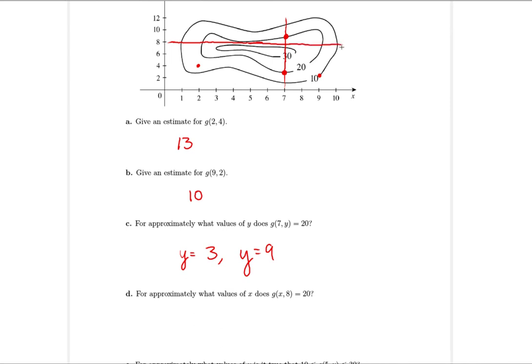When it equals 20, we're right here. Let's see, it's a little bit more than 2. I don't know, let's call it 2.2. And then the other one would probably be about 9. We'll call that 9.